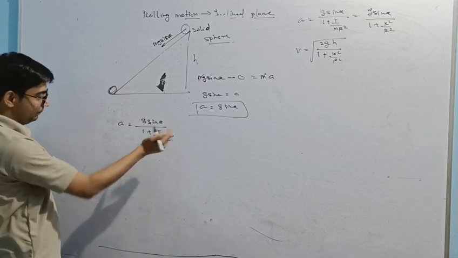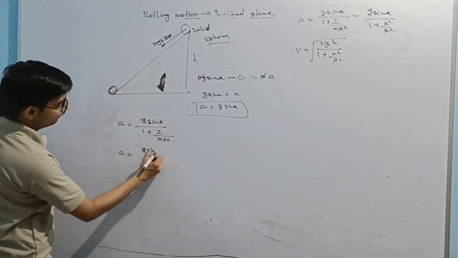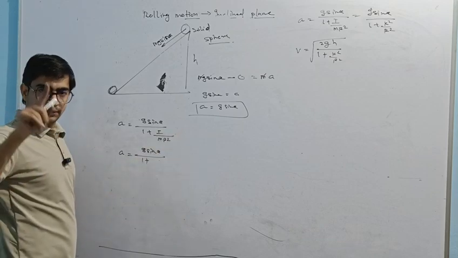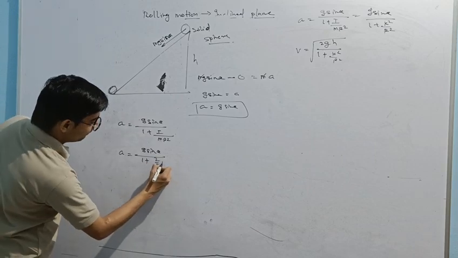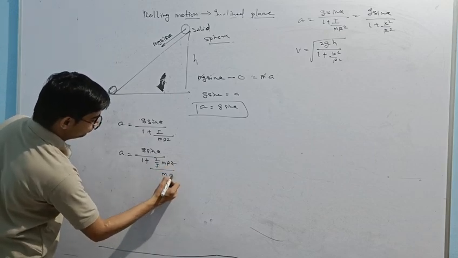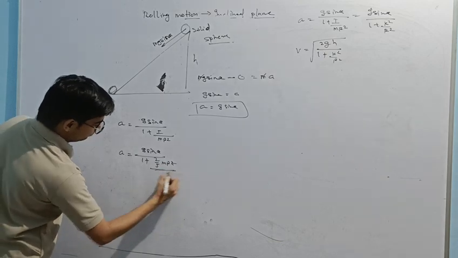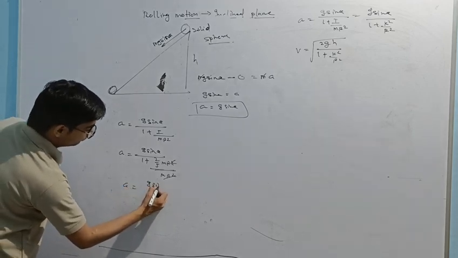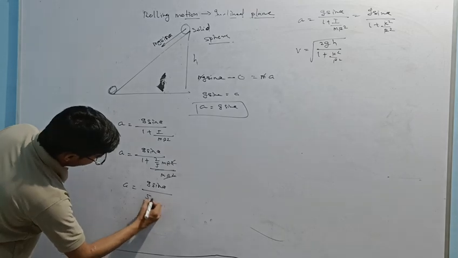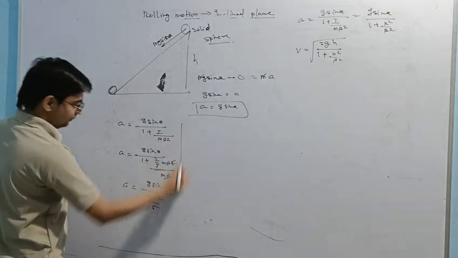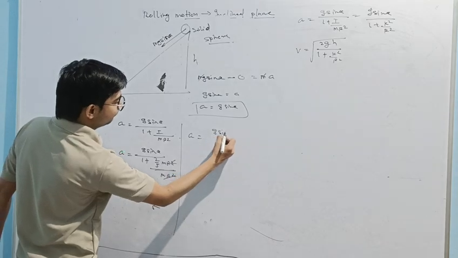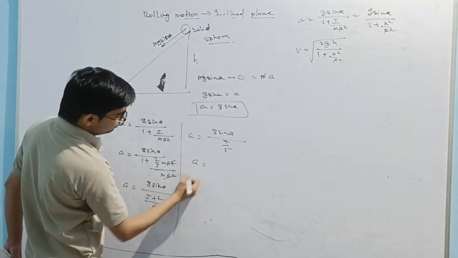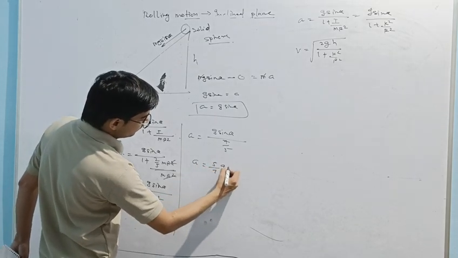What is the value of I for a solid sphere? For the center of mass it is 2/5 mr square. 2/5 mr square upon mr square, mr square cancels out. a is equal to g sin theta upon 1 plus 2 by 5, so a equals g sin theta divided by 7 by 5. a is equal to 5 by 7 g sin theta.